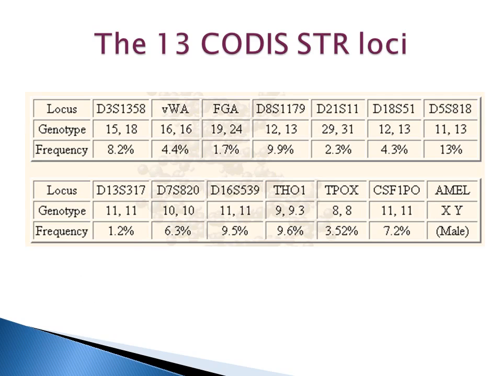These are the 13 CODIS short tandem repeat loci. You can see the different loci: D3S1358, the VWA, FGA, D8S1179, D21S11, D18S51, D5S818, D13S317, D7S820, D16S539, the TH01, TPOX, CSF1PO, and the AMEL.